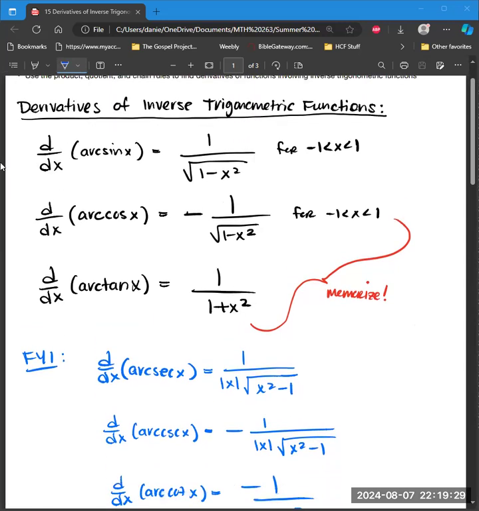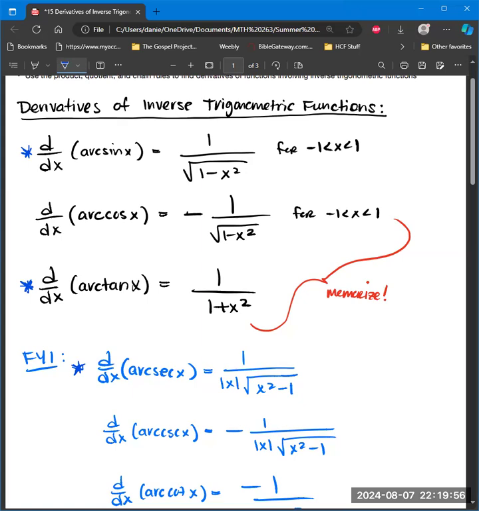So the ones that I want you to focus on right now are arc sine, arc tangent, and arc secant, because we'll focus on their cofunctions in just a second. I'm sorry I don't have completely blank notes for you here, but we're just going to work on the ones that are filled in here already.